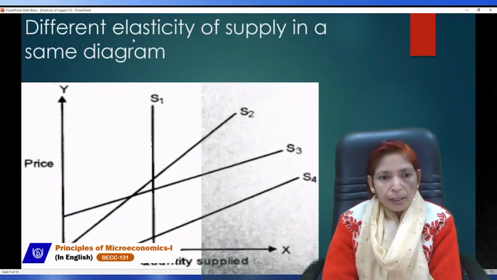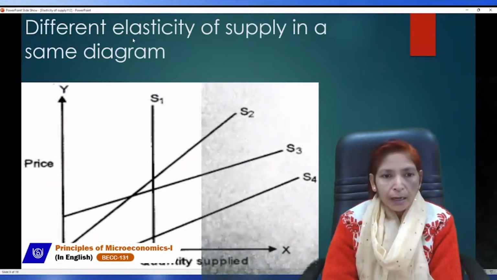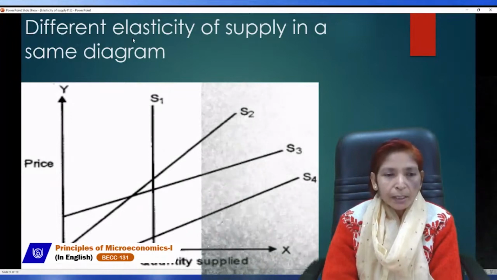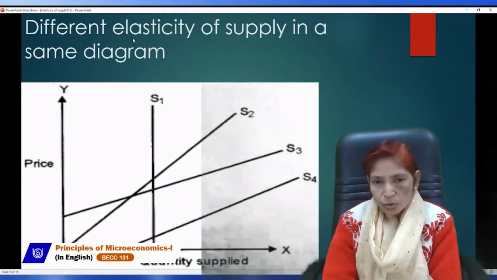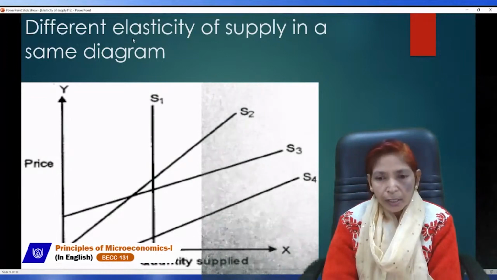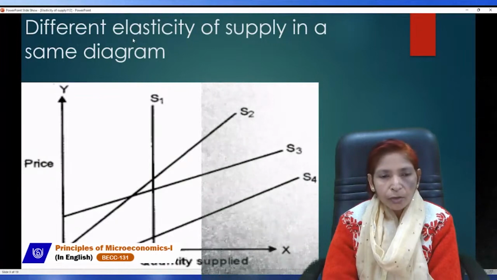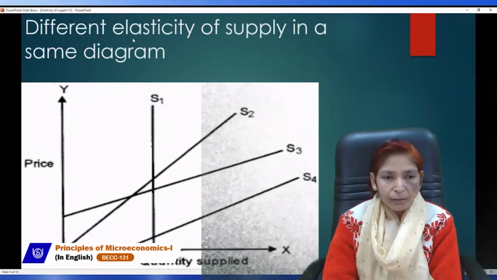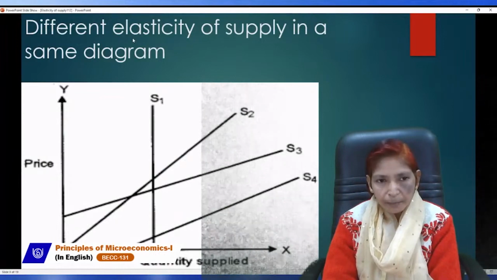Sometimes in the exam, the examiner gives you this diagram and asks what the degree of elasticity of supply is on the S1 curve, S2 curve, S3 curve or S4 curve. In this case, you must remember that S1 is a vertical curve, so it is perfectly inelastic supply.